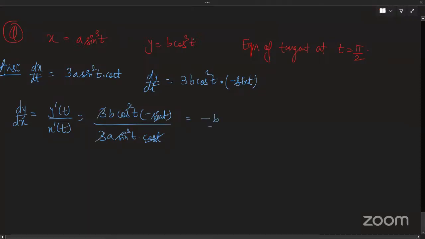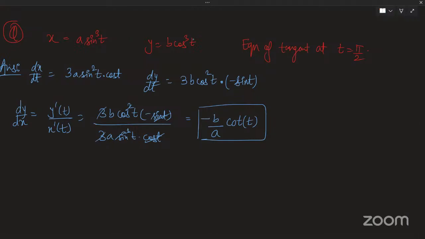So it can be written as minus b by a cos t by sine t. Cos t by sine t is cot t. So I have got dy by dx as minus b by a cot t.